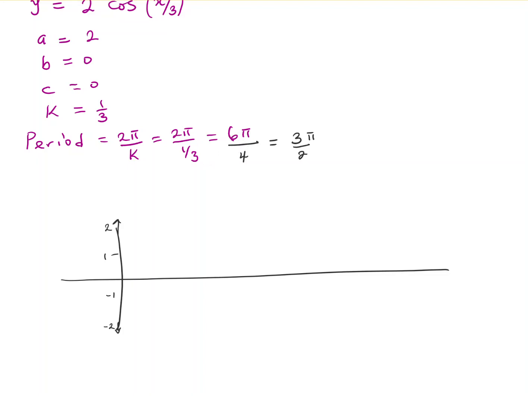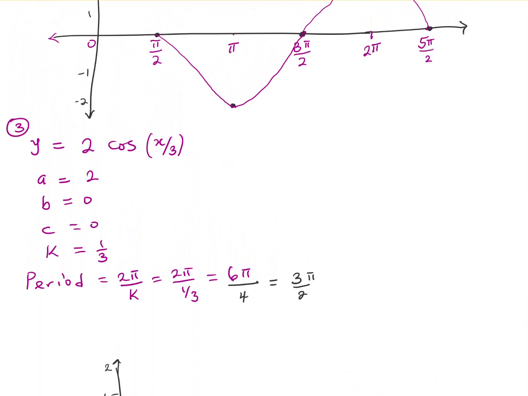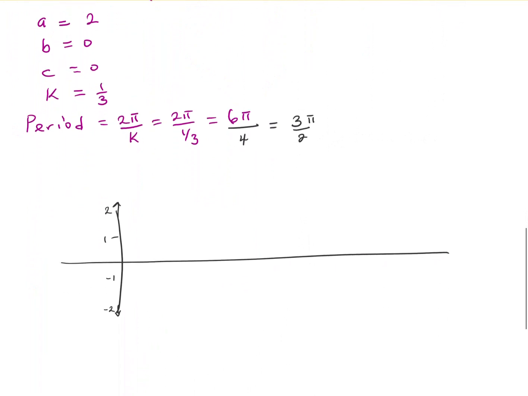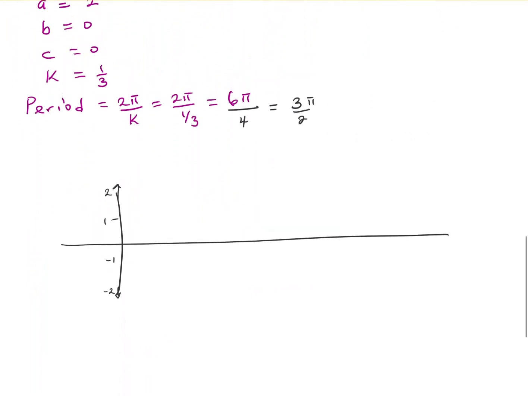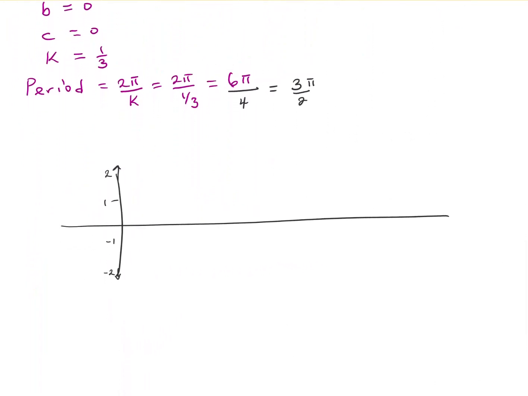Okay, maybe let us do something more interesting here. Let us graph this for 2 full periods. So if I'm going to complete the first one at 6 pi, I'm going to complete the second one at 12 pi.